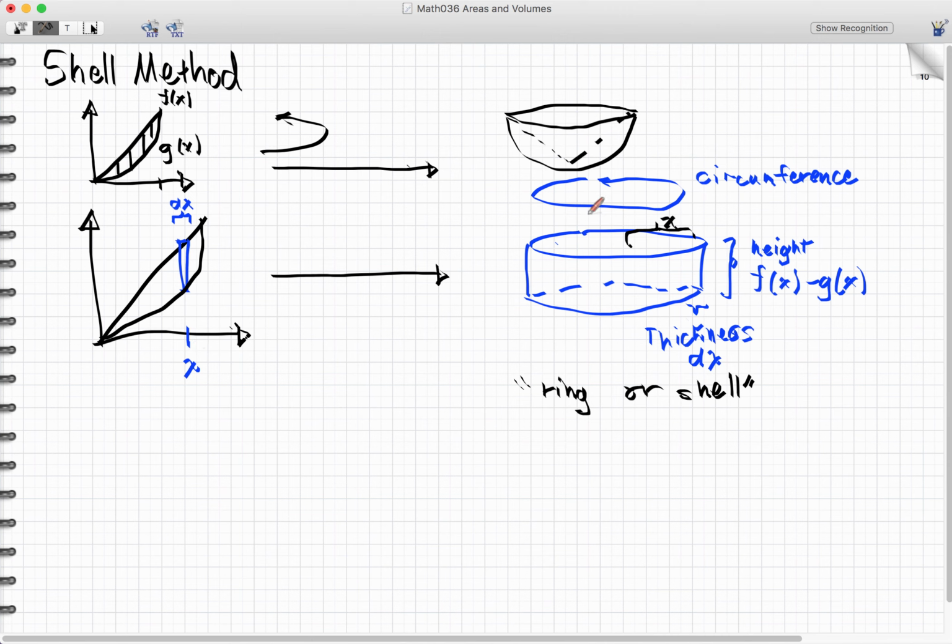Now, in order to determine the infinitesimal volume of this shell, we need to multiply the circumference times the height of the shell, or the ring, times the thickness of the ring.